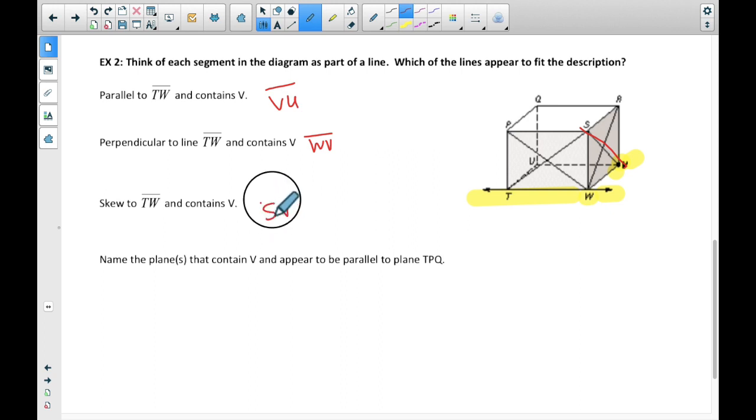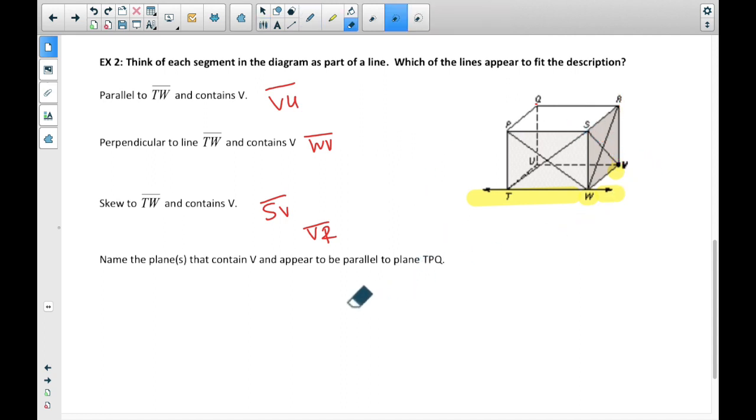So we could say segment SV, but there are others. Like for instance, VR. That's another one. It is not parallel, but it's not going to hit it. Let's see. Maybe, oh, it needs to go through V. So those are probably the only two that go through V that fit that description.